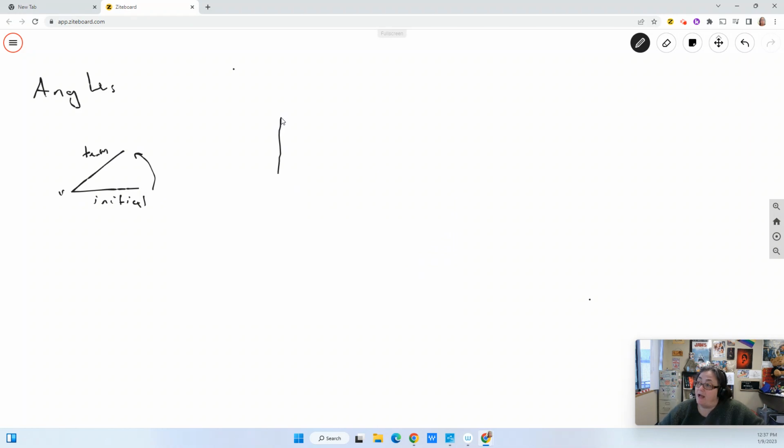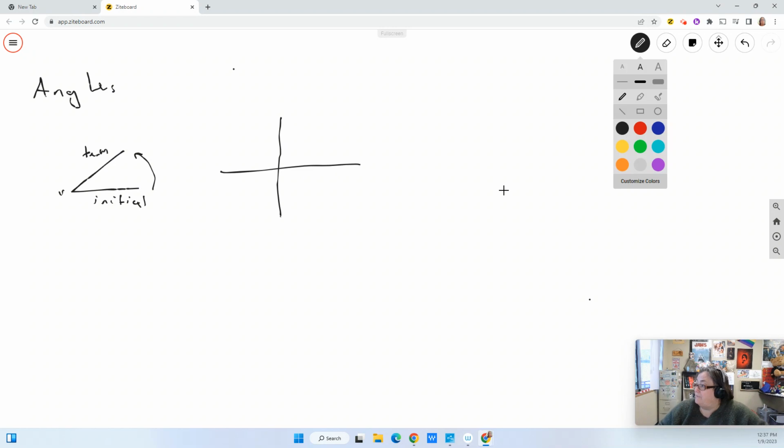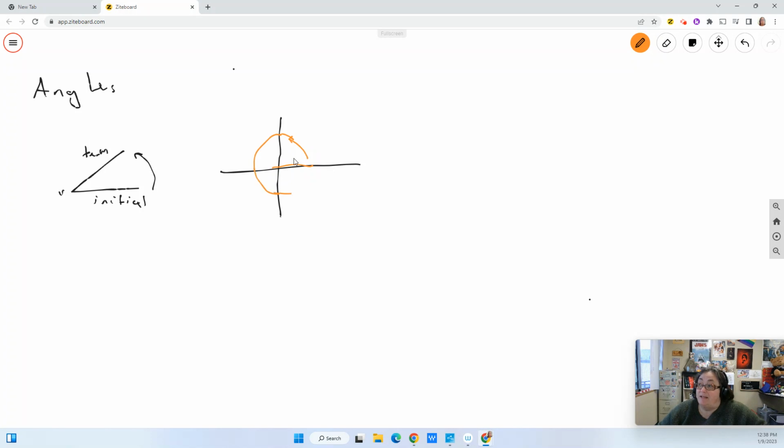And if you saw it in terms of a graph, the standard position of an angle, let's put it in a good color so it'll stand out, starts on this line, and then we measure it in this direction. So if we went up to here, it would be 90 degrees. If we went halfway around, it would be 180, and then we'd have 270, and then 360, right?